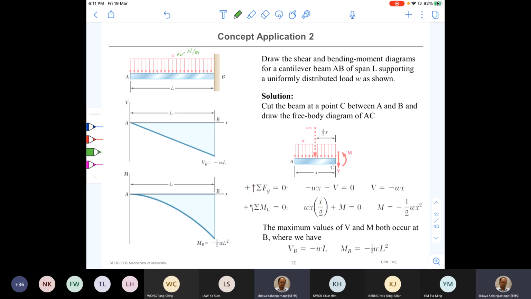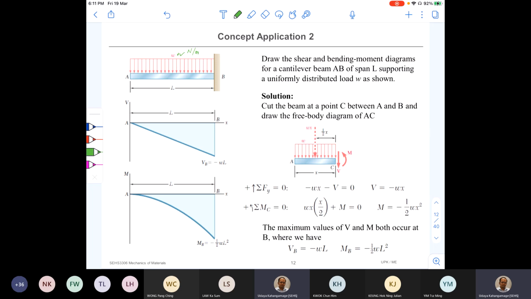Right. For that, what we are going to do, like before, first draw the free body diagram if you want. But in this case, you don't need to do a free body diagram. You will understand it later, because we are going to take a portion which is not attached to the B. So if you want to draw a free body diagram, you need to draw the reaction forces at B. Right?